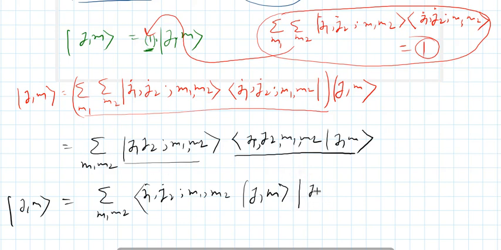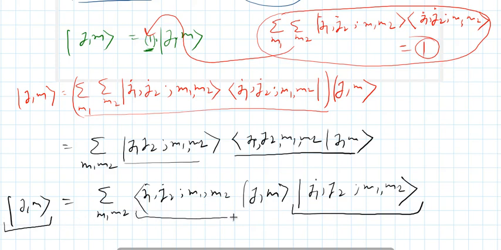So that means this, |j1, j2, m1, m2>. Now if I try to look at this equation and compare the things, this equation basically connects these two. This is like a transformation matrix.